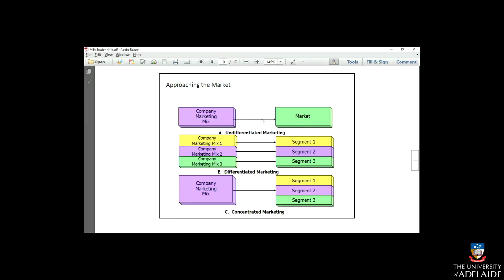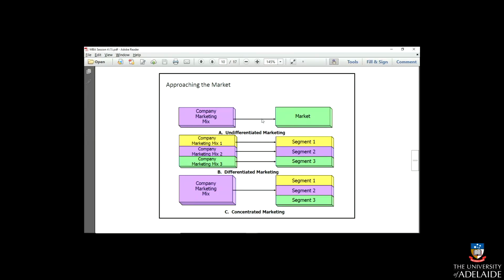In a way, there are, and go to the other end of the spectrum, we've got people who like, with jams, let's say, fruit, no sugar, a whole bunch of different segments, and then the company comes up with a marketing mix that can satisfy, that sort of runs the middle line for each segment.